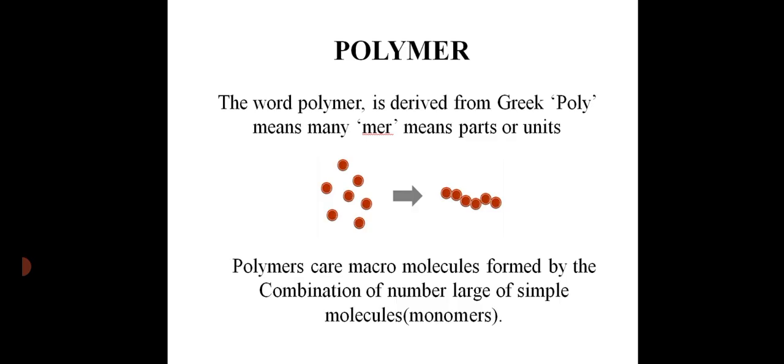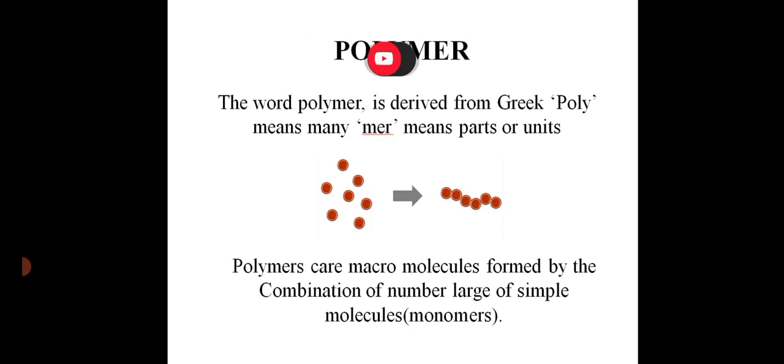Polymers are macromolecules formed by the combination of a large number of simple molecules. So, we can simply define it as monomers joined together to form polymers. From this, it is clear that polymers are macromolecules and monomers are simple molecules.